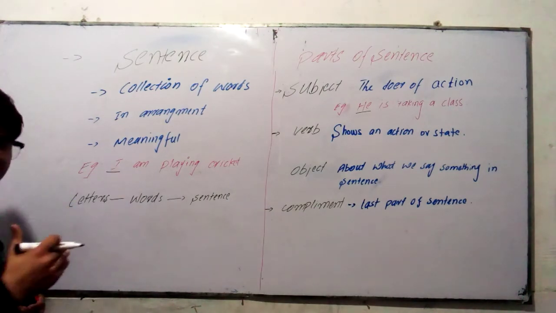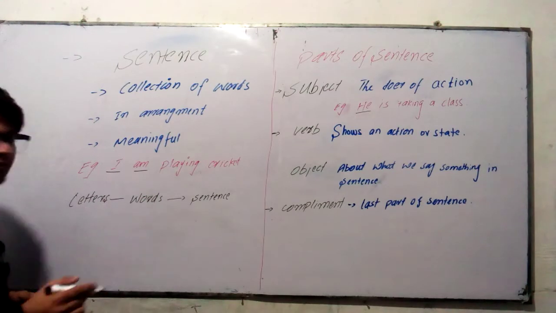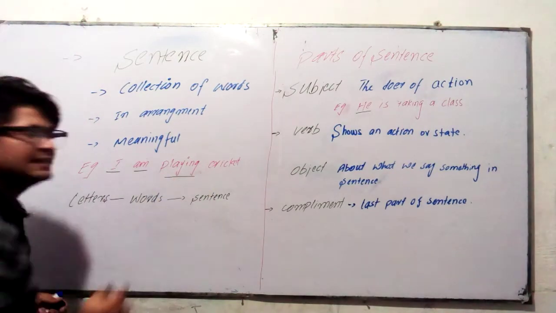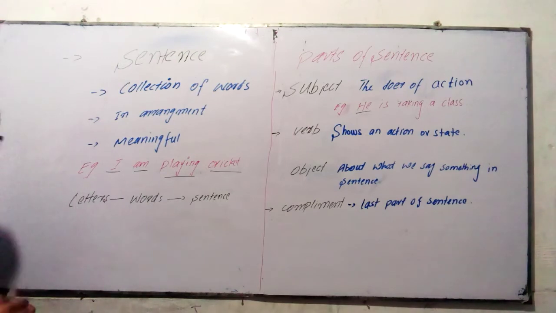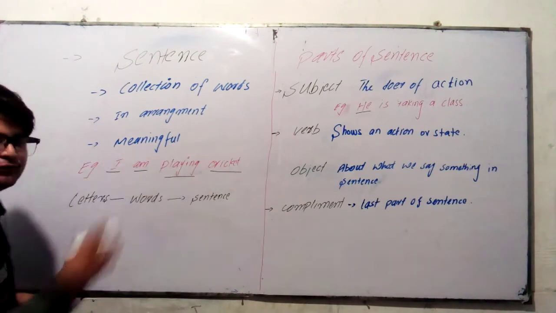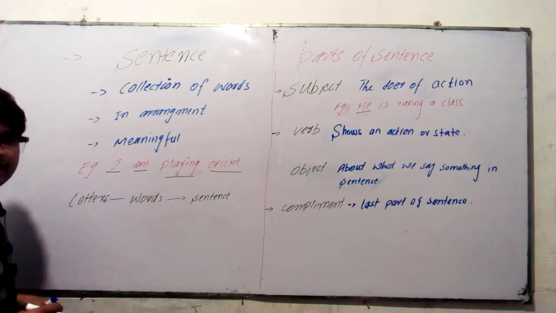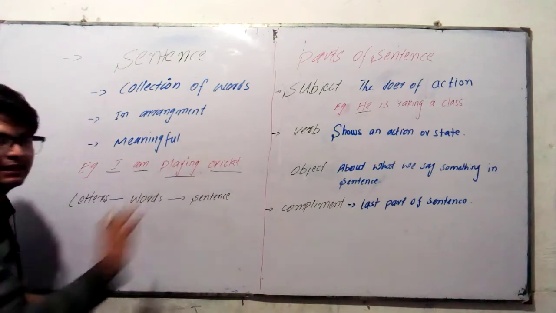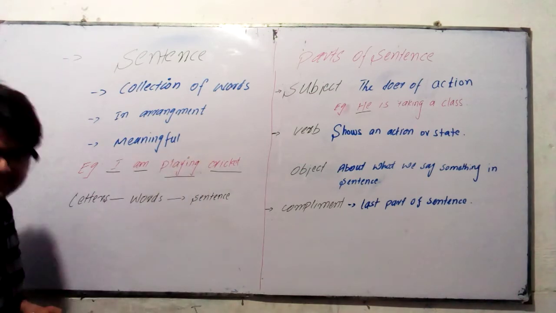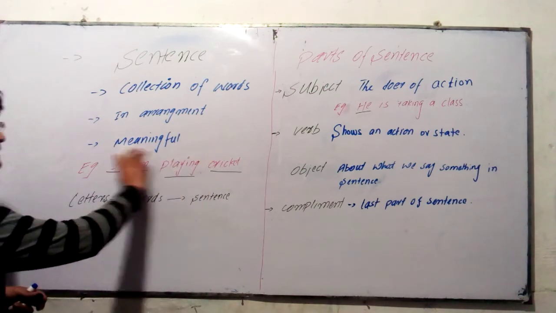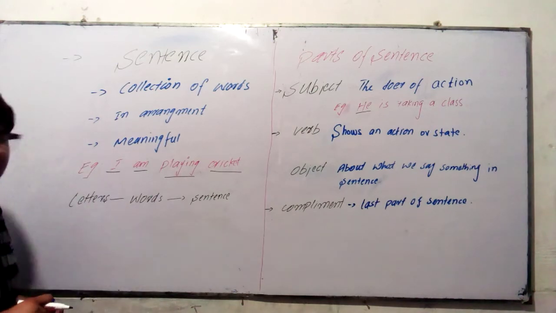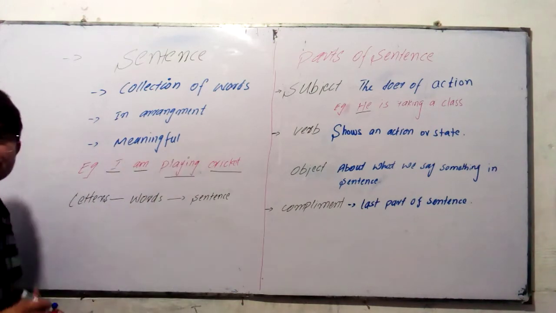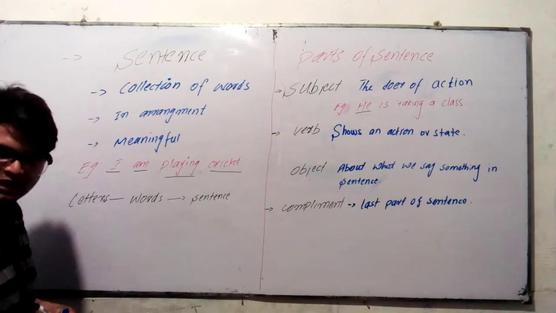I is a separate word, am is a separate word, playing is a separate word, cricket is a separate word. So we combine these 4 words, and therefore we have a specific and particular sentence. And these 4 words are also in arrangement form, and they also give us a complete meaning as well.